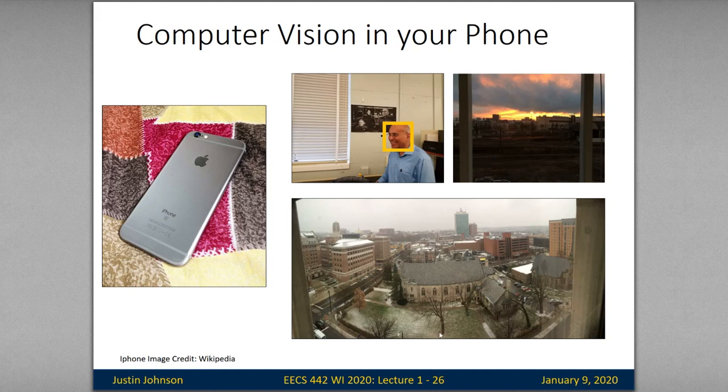And finally, here in the bottom right edge of the slide, you can see an example of panoramic imaging, which also essentially is a computer vision algorithm, and we will also review it quite in detail in this lecture.